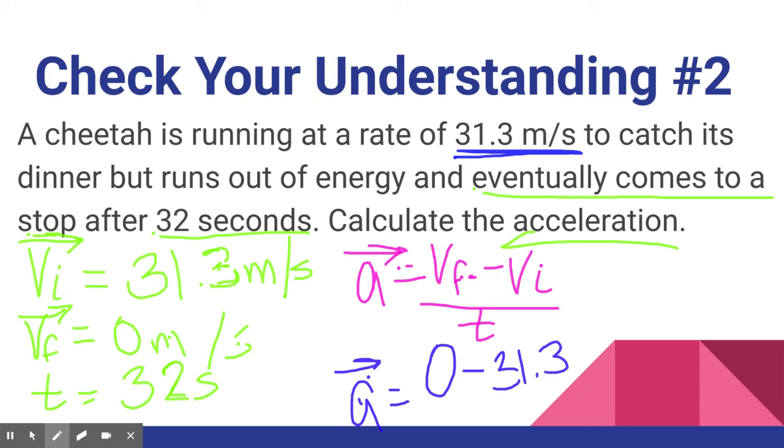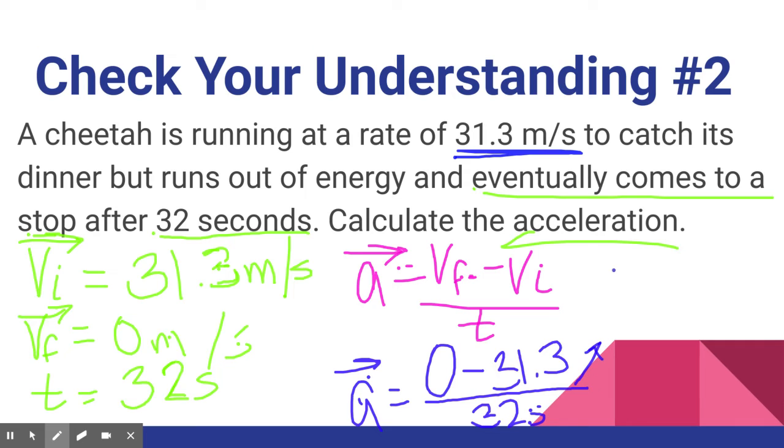This time it's going to be 0 minus 31.3. And I just remembered that I forgot to include the direction in my answer for acceleration in the first one. So there's going to be a direction on this one. It's 0 because 0 is our final velocity, minus our initial velocity, which is 31.3, divided by 32.